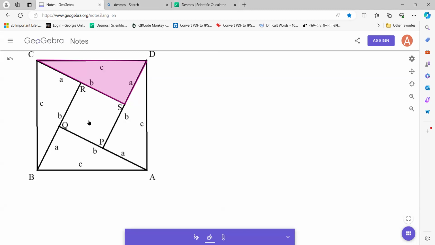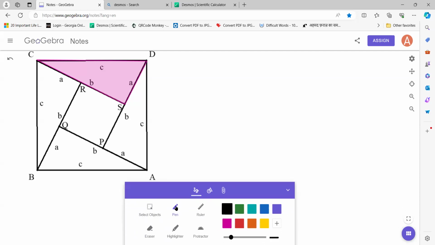Once again, I have chosen to arrange four copies of the same pink triangle in this manner as shown in the picture. First I have to prove that the shape ABCD is a square. It clearly has four sides, but that doesn't mean it's a square. Well, clearly this angle and this angle must equal this angle and this angle.